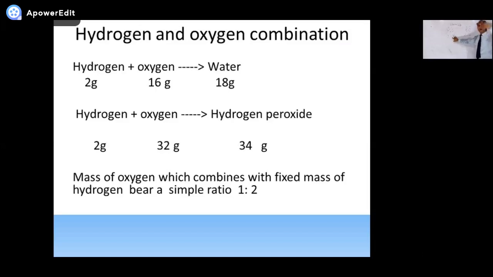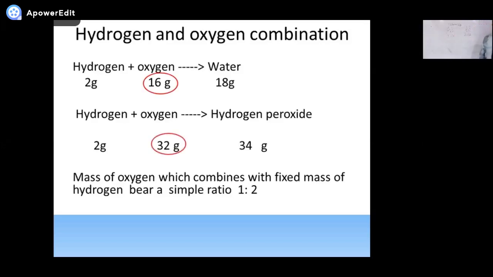The double of 16 is 32, so the ratio exists. So what will you memorize? That the mass of one element is fixed, the other one changes in whole number ratio.